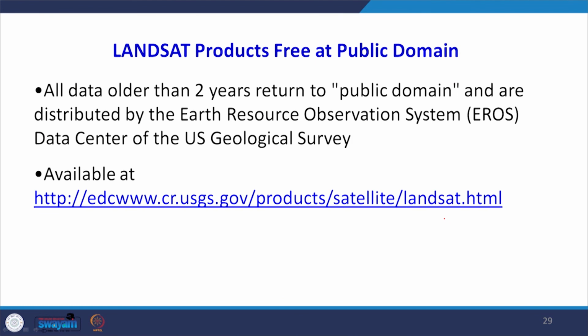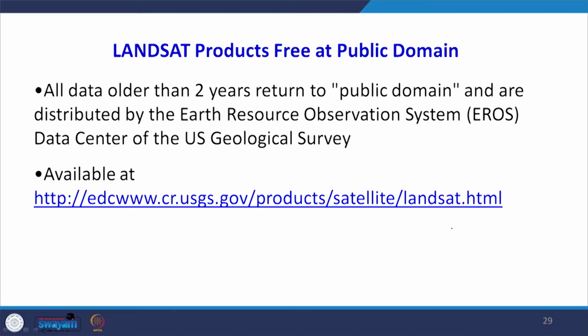Now these Landsat data products are available to us in the public domain, that means free of cost. You cannot get the latest data, but you can get all the old data. If the data is older than 2 years, then it is made available in the public domain and distributed by the EROS Center of USGS, and the URL is given here.